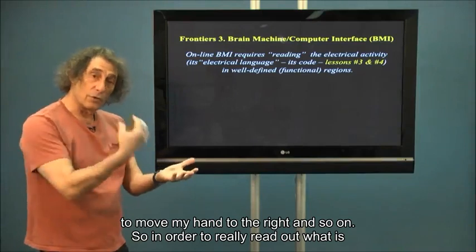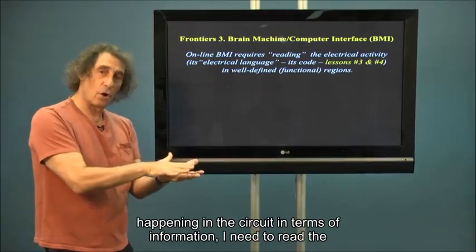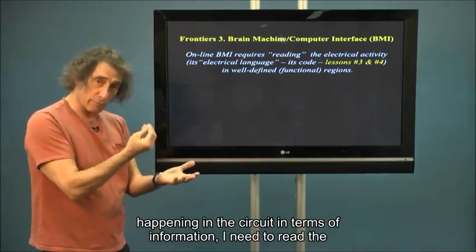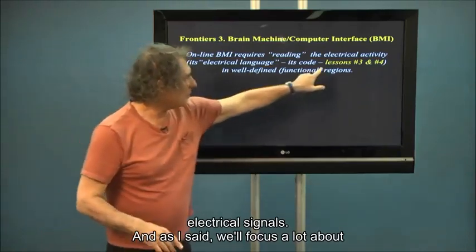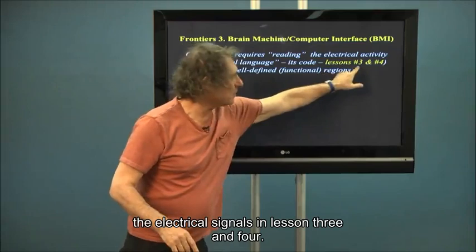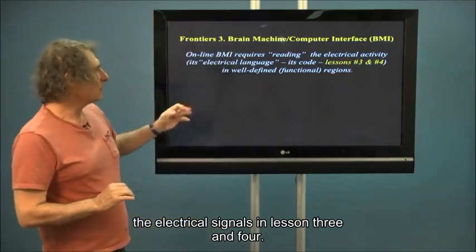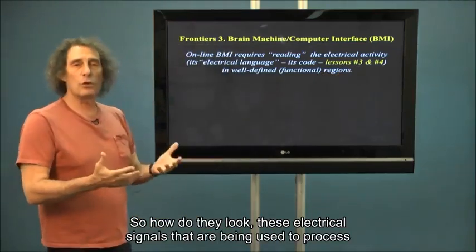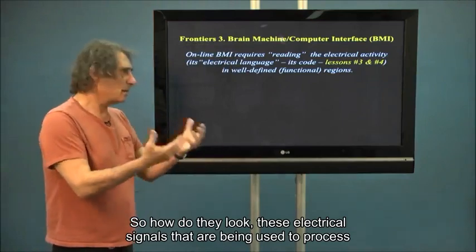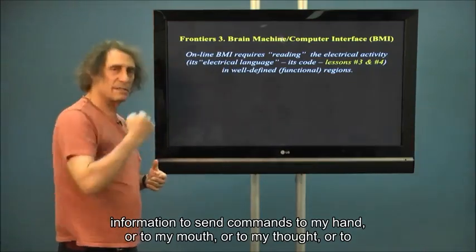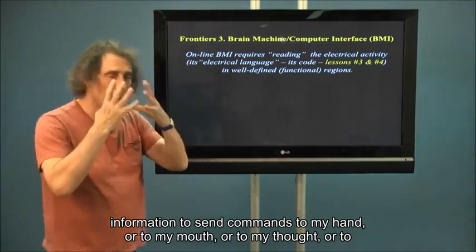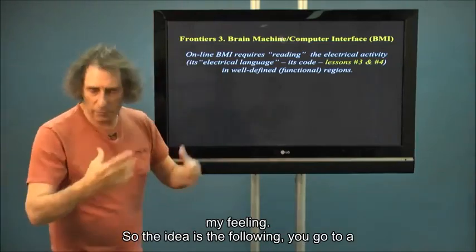So in order to really read out what is happening in the circuit in terms of information, I need to read the electrical signals. And as I said, we'll focus a lot on the electrical signals in lessons 3 and 4. So how do they look, these electrical signals that are being used to process information, to send commands to my hand or to my mouth or to my thought or to my feeling?